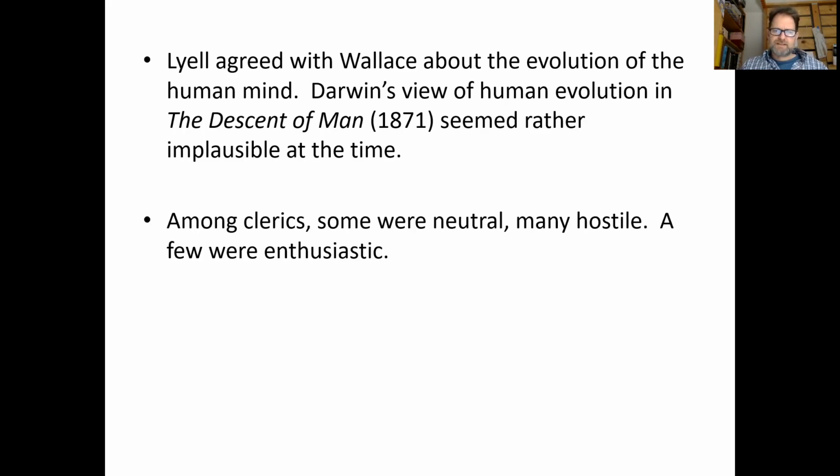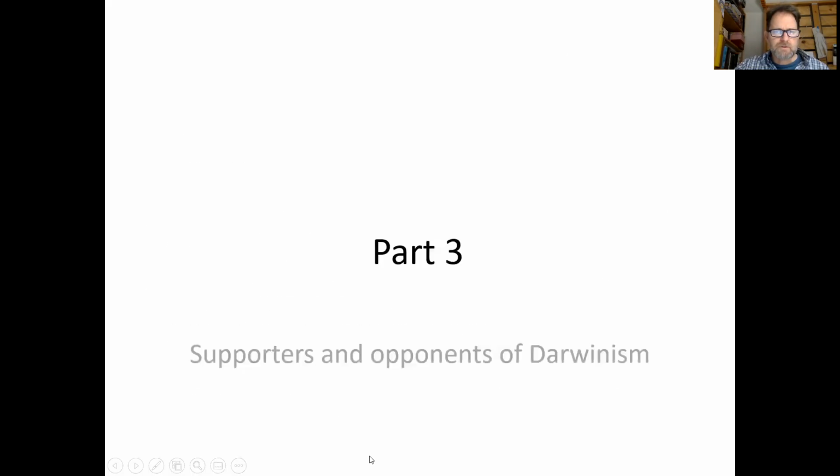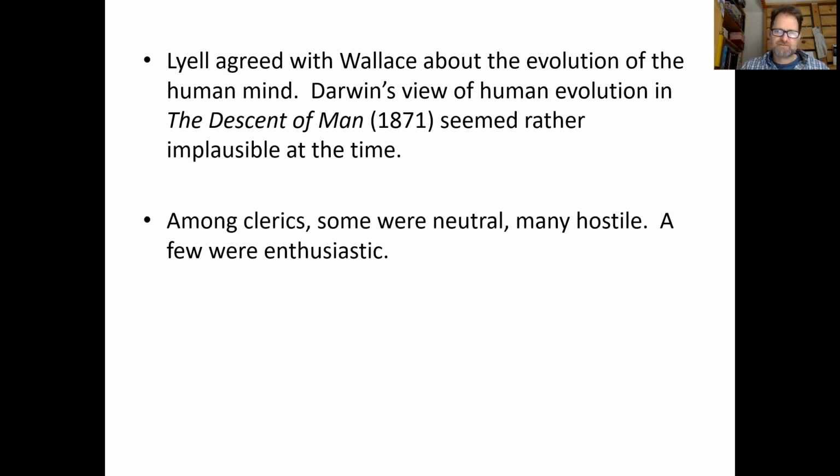So in the next section, I want to talk generally about people that supported Darwin and people who were critical, including religious people. So there was a mixed reaction among clerics.